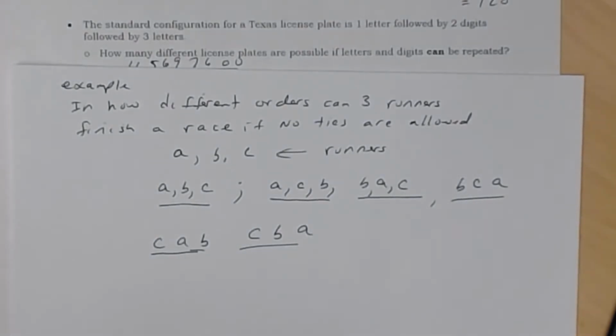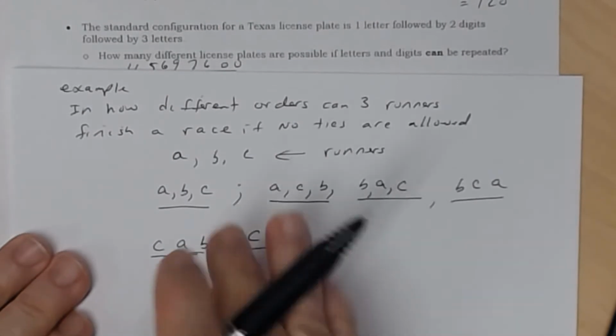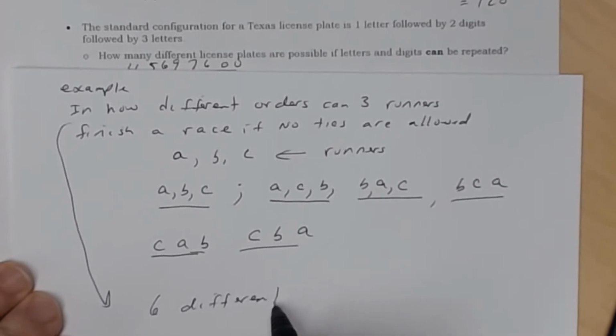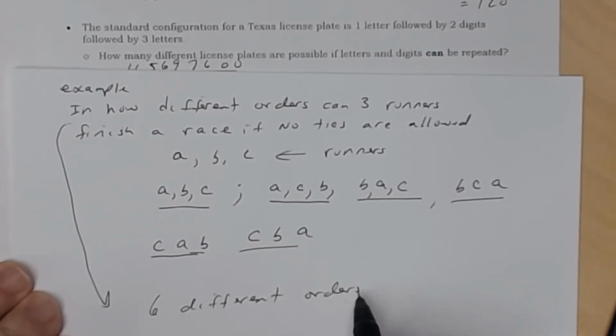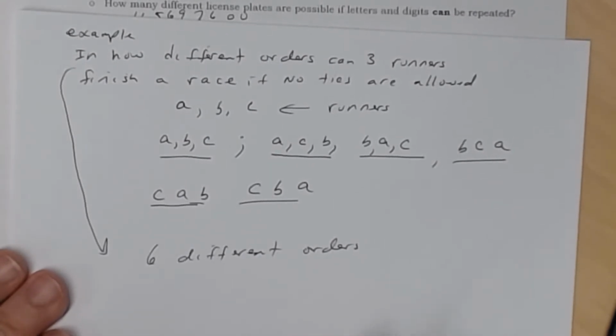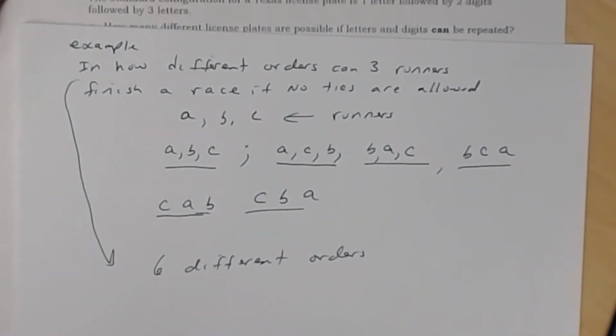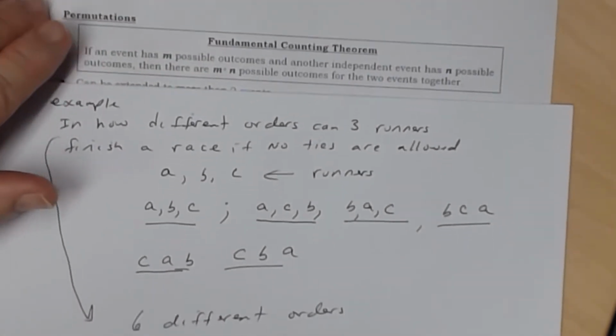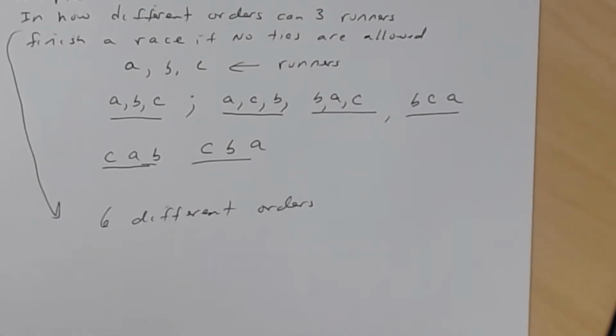Okay, so y'all agree that the answer to this question is 6. So there are 6 different orders. I'm going to use a different word in a little while. But I want you to notice I could have applied the counting principle here. And so here's my thinking.